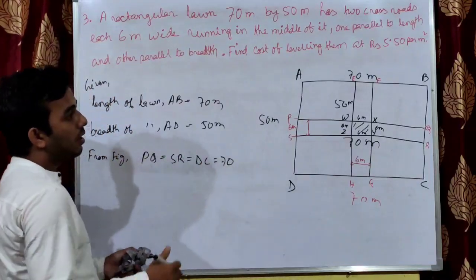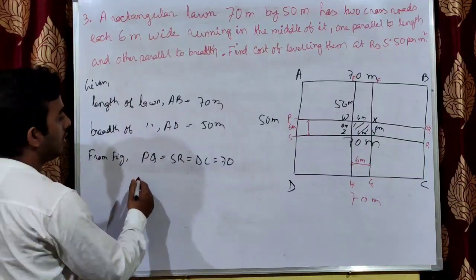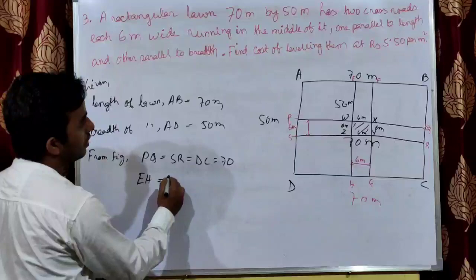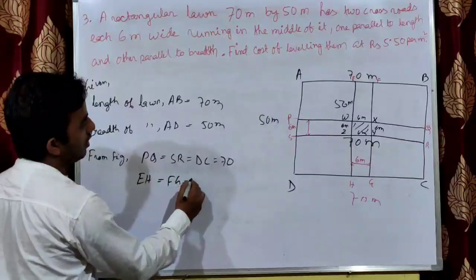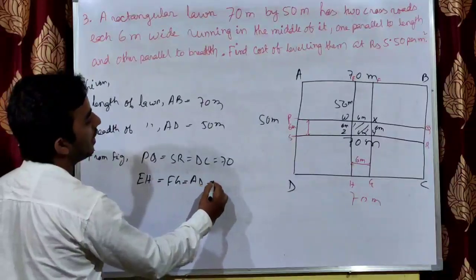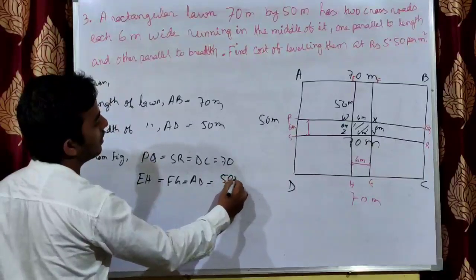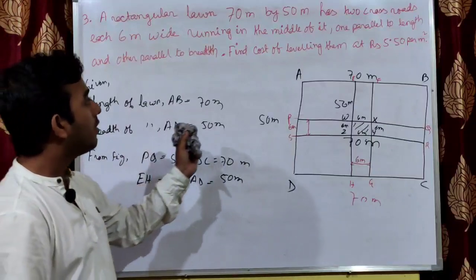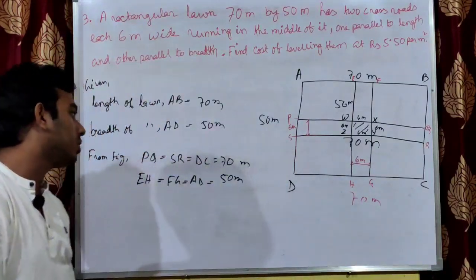And EH equals FG equals AD, which is 50 meter. Clear?